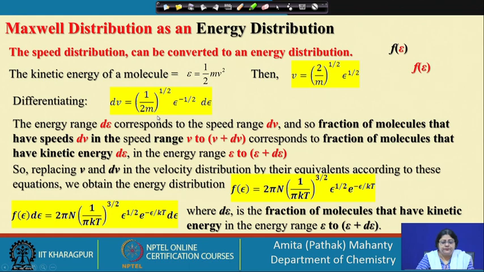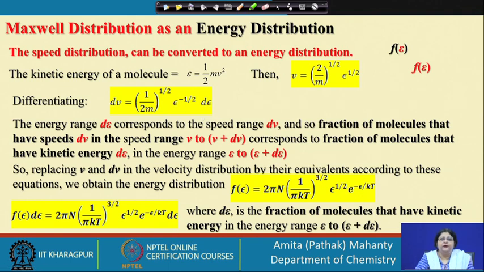you have dv equals 1 by m to the power half, E to the power minus half, because you have E to the power half here, and dE. So, this represents the energy range dE corresponding to the speed range dV.